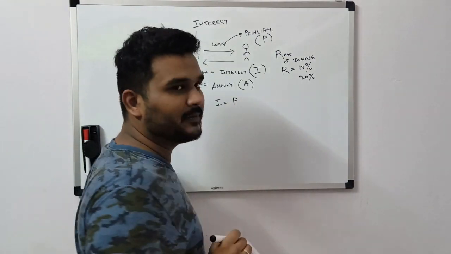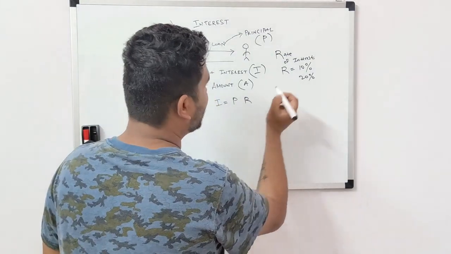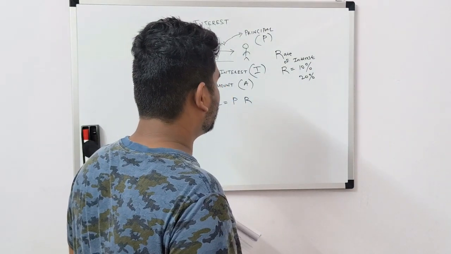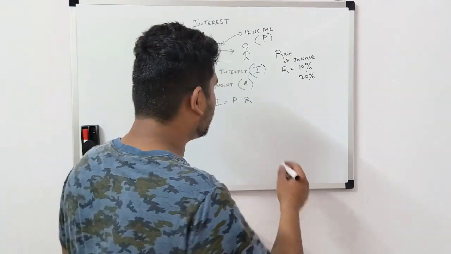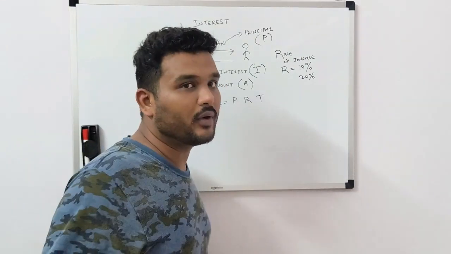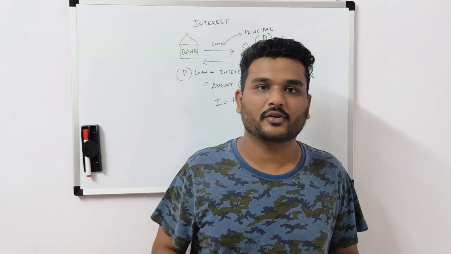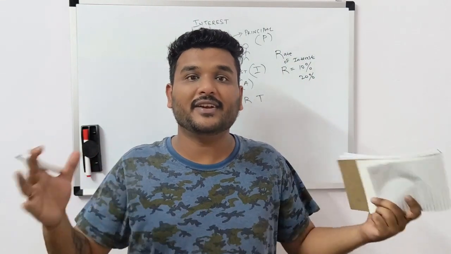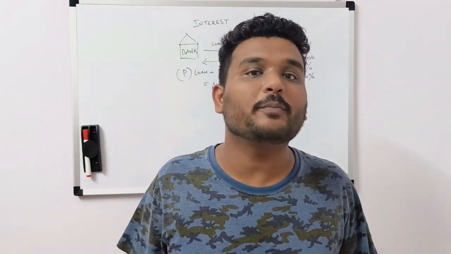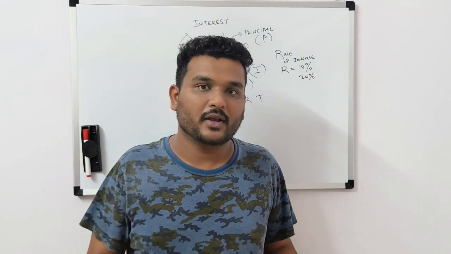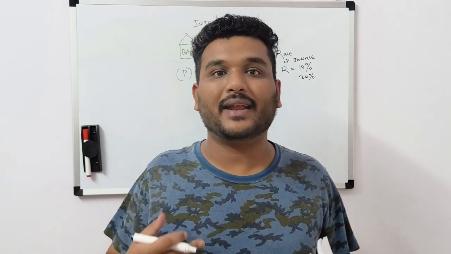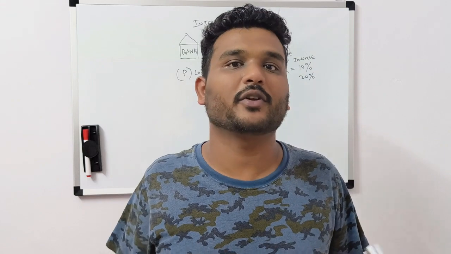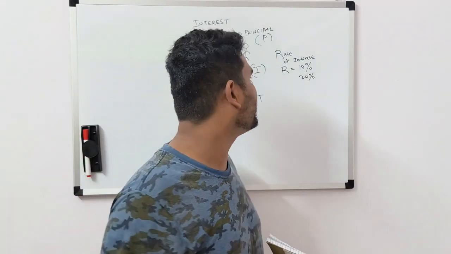You take your principal amount, you take the rate that you have to pay, and then there is time. If you take a loan for 1 year, you have to pay less, but if you take this loan for 5 years, the interest will definitely increase because you're taking more time to pay back your principal. The more time you take, the more interest you have to pay, because now you're taking the service for a longer time. I hope you get the core concept.